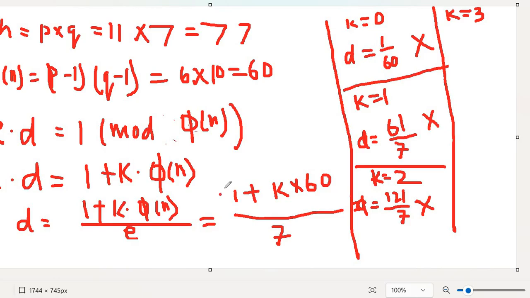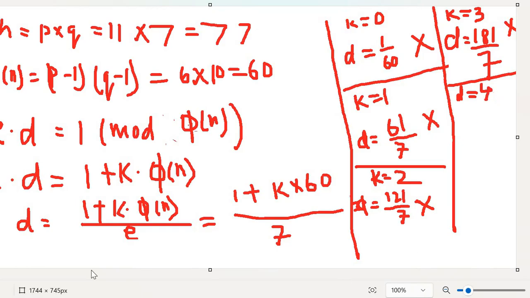So for k equal to 3, d will be 181 by 7, and again that is a decimal number, not a complete integer, so we will discard it. Okay, so next we will try k equal to 4.